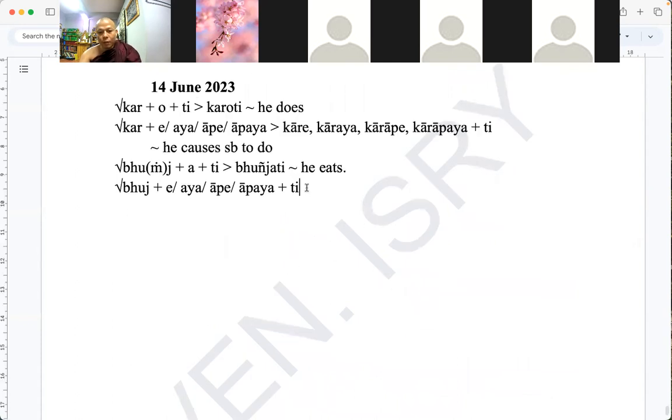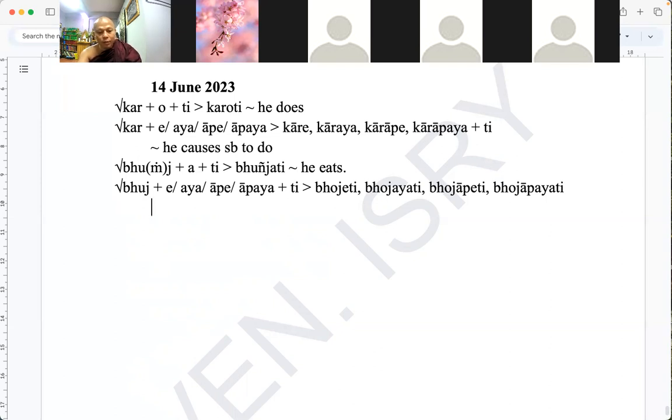So we have these forms: bhojeti, okay, and then bhojayati, and then bhojabeti, and then bhojabayati.